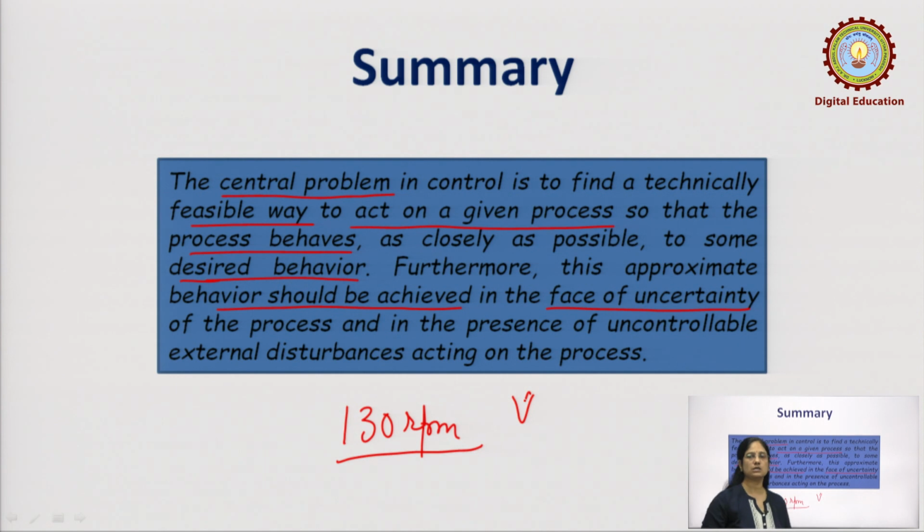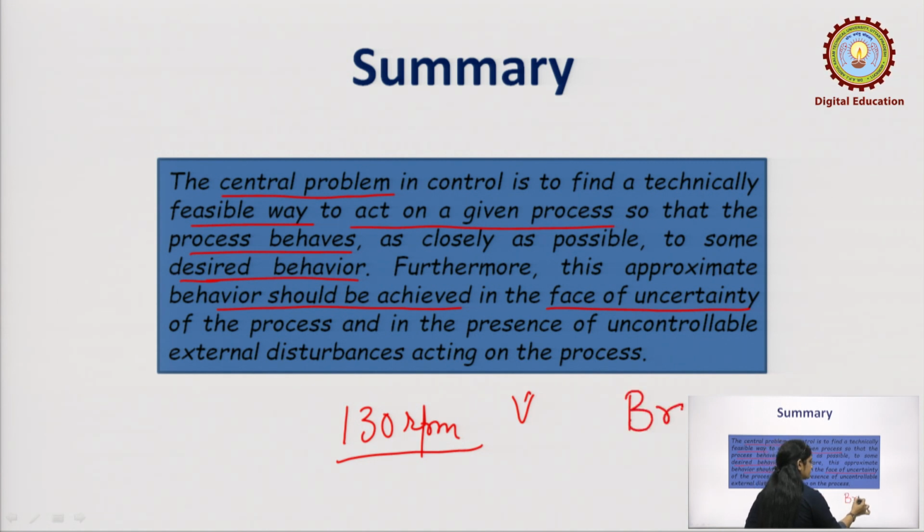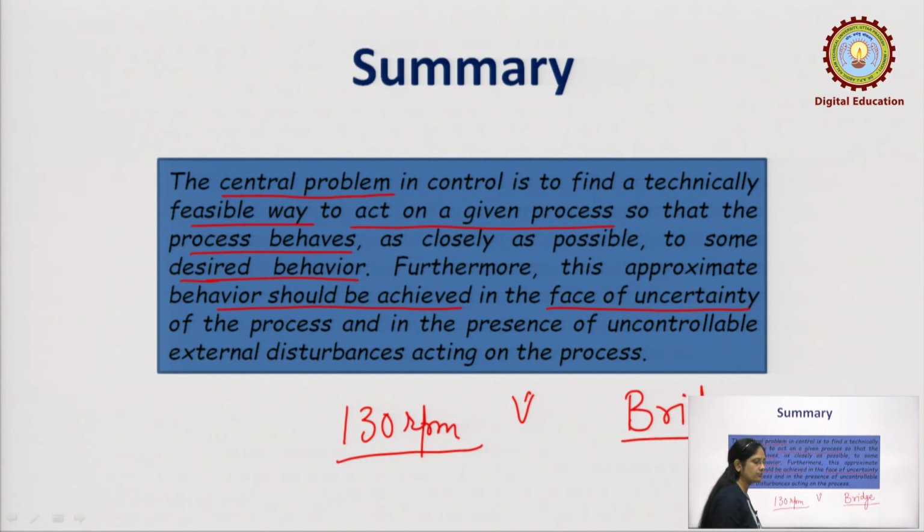So, these are all the unwanted signals. For example, if you take a simple bridge circuit which is measuring resistance, what are the unwanted signals in that case? That is the change of resistance over the course of time. So, the unwanted signals, that is, the external disturbances acting on the process, are the major concern.